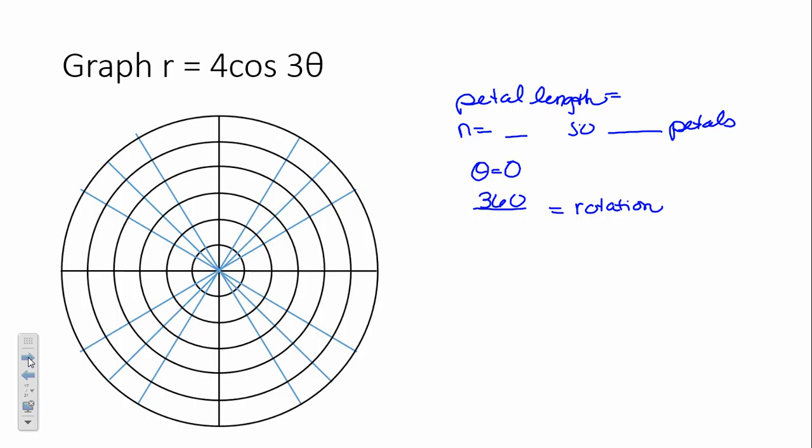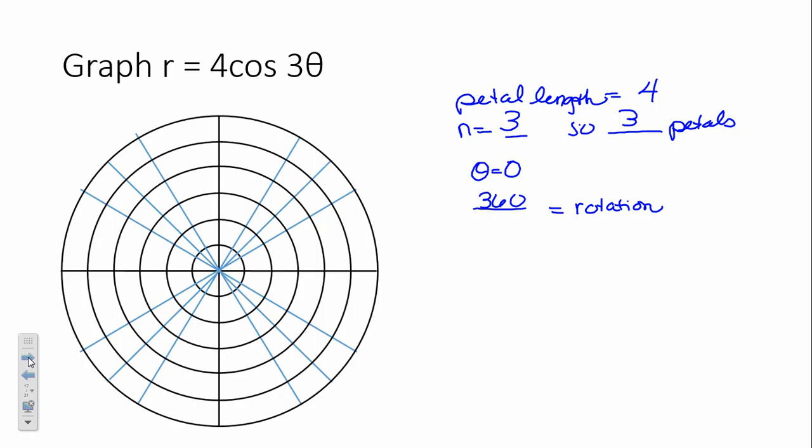So how long are your petals? Okay, so we know we're pulling 4 out. What's n? 3, so how many petals? It's odd, so 3 petals.